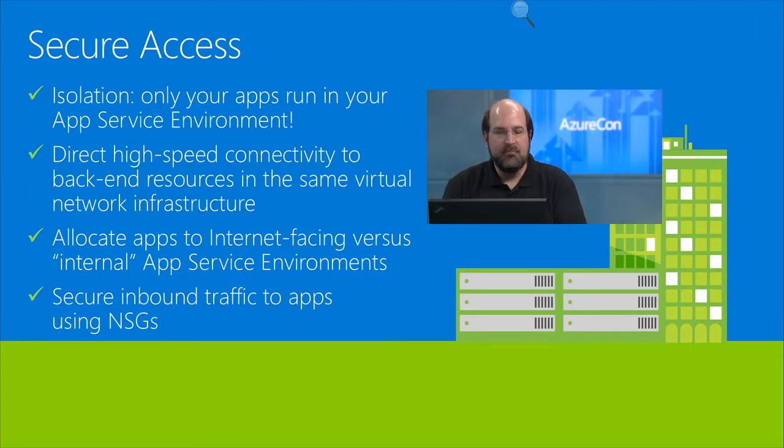That gives you some very powerful security capabilities. So it gives you direct high-speed access to very sensitive back-end resources that you have deployed in the same virtual network infrastructure. And that can mean everything from an API or a database server running in the same Azure VNet, or it can mean resources that are sitting off on the other side of, for example, a site-to-site gateway.